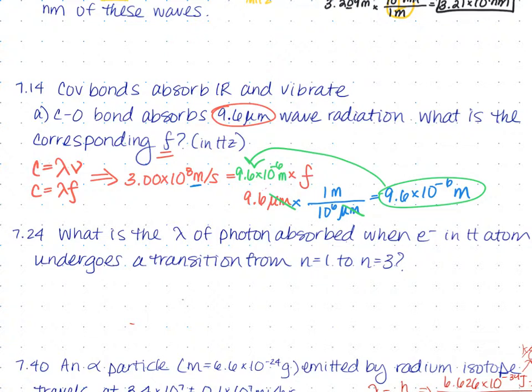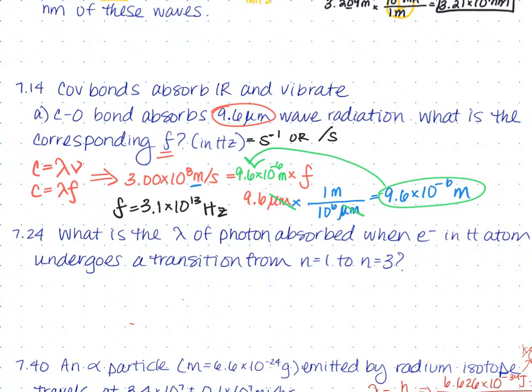If I divide it over, I can isolate frequency by itself. You should get a frequency that is equal to 3.1 times 10 to the 13 hertz, because remember, a hertz is equal to a second to the negative 1, or known as per second.